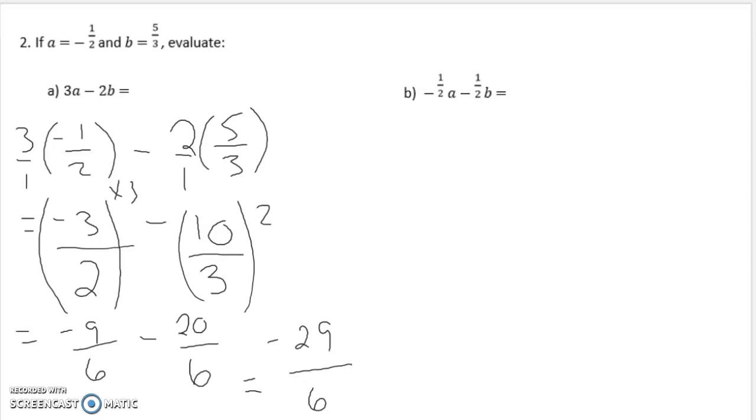Okay, so now this is an improper fraction, so we have to change it into a mixed fraction. Okay, so we have to figure out how many times does 6 go into 30. Okay, so we know that 5 times 6 is 30. So that's bigger than 29. So instead of 5, it's going to be a 4. So it goes in 4 times. And then how you can figure it out, 6 times 4 is 24.